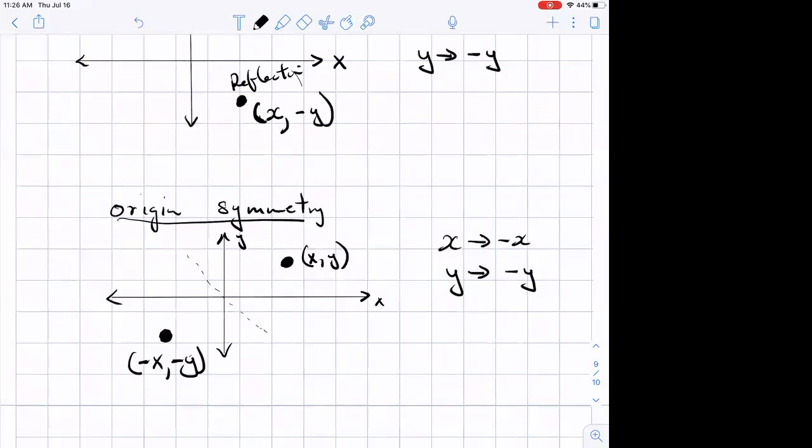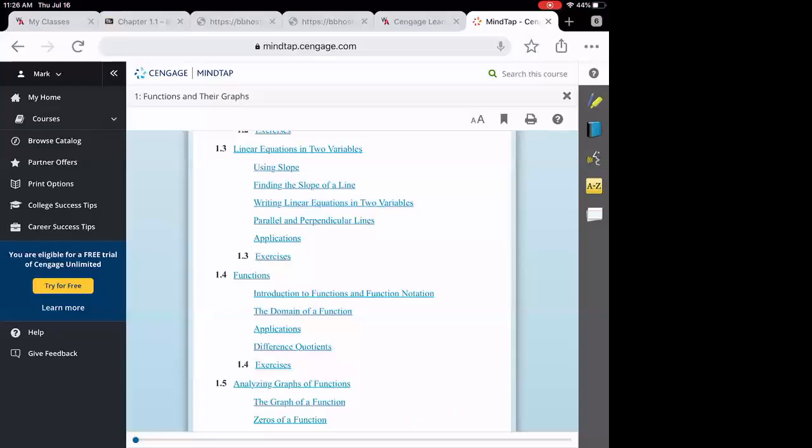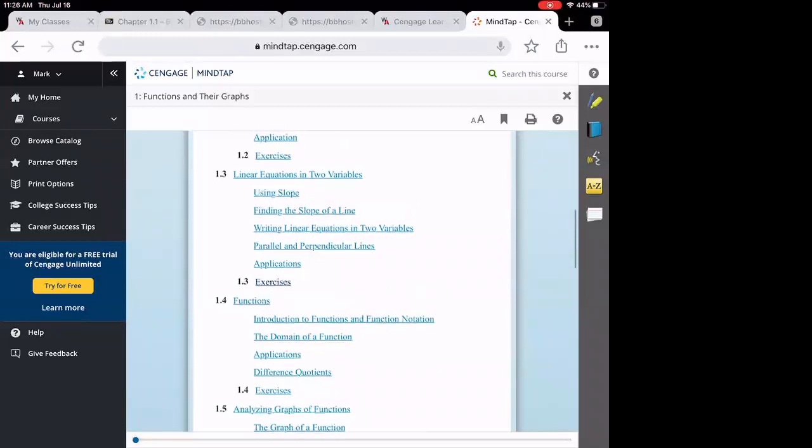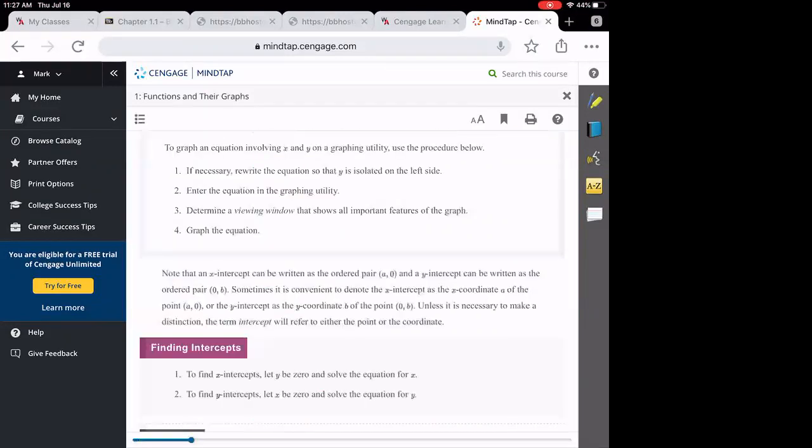So you have to practice on this now. I've shown you all of the little details. You just need to practice. Practice will be in homework, or if you go to WebAssign and look at graphs, intercepts of a graph, we didn't touch that, so you should look that up.